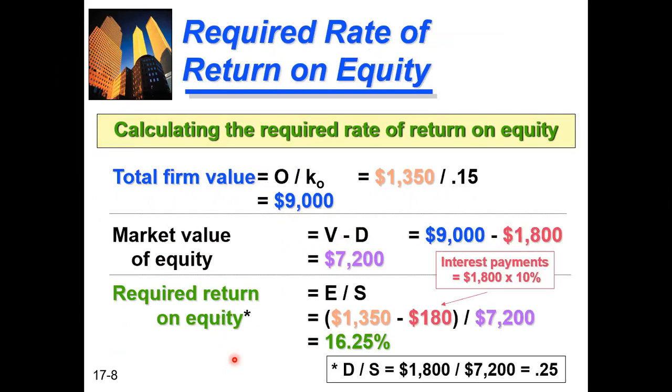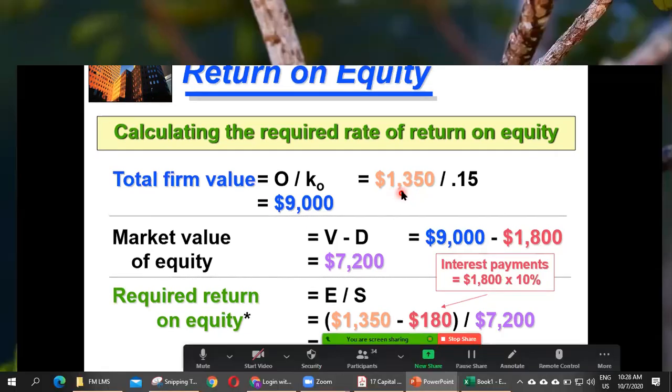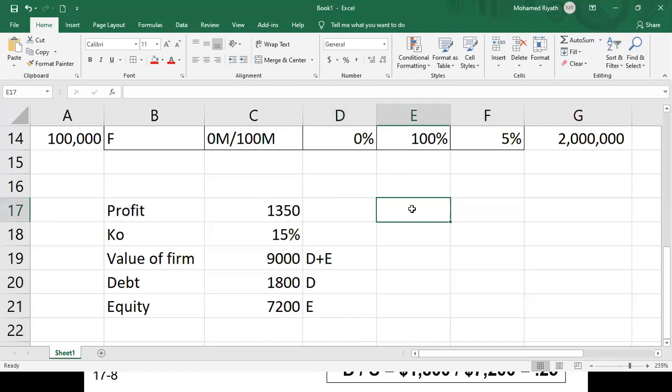How much profit? 1,350. It's a profit, right? How much is the interest cost?